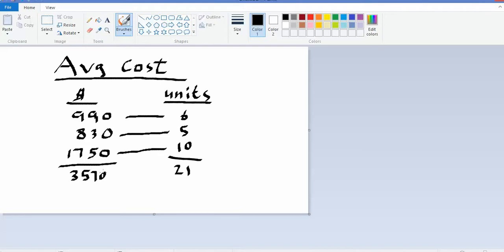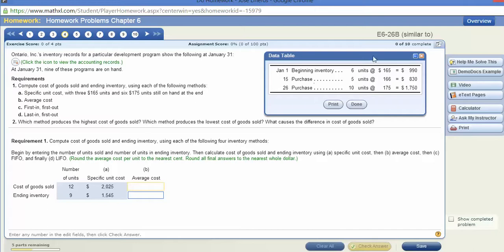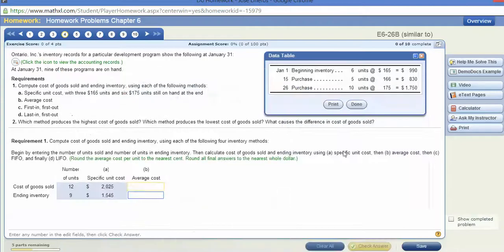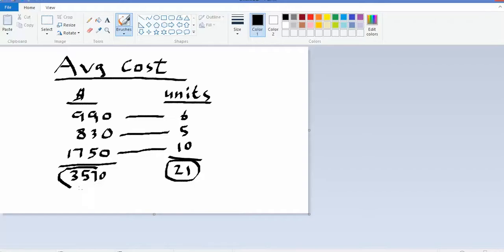Notice how your anchor in all these problems is the layers. What we've basically done is add up all the units to create the total largest number of units we could potentially sell, and then the dollars to give us the total number of dollars that potentially could be sold. And then you just divide. So it's 3570 divided by 21 equals 170. It's $170 per unit.